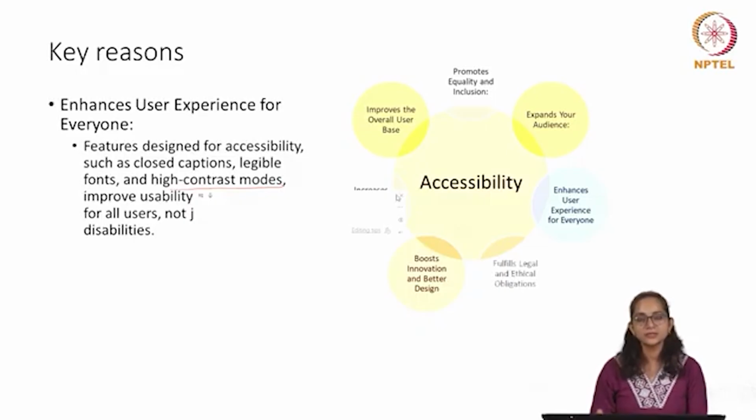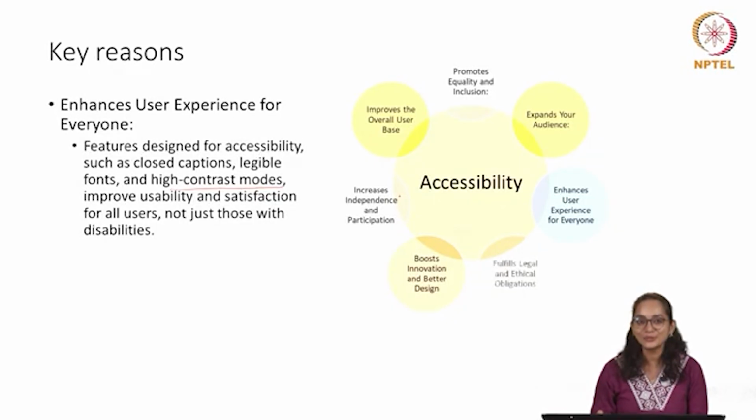But think about situations when you would like to access your phone in broad daylight. You are out in the sun, sitting in a park, unable to see icons on your screen. That means you are blinded by the sun for that duration, and a high contrast mode can help you in that situation. So, as we've discussed, accessibility not only includes people who have limited abilities, but also enhances experience for everyone.